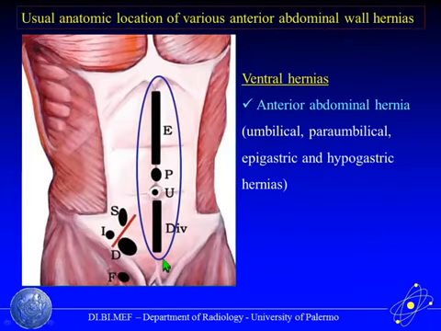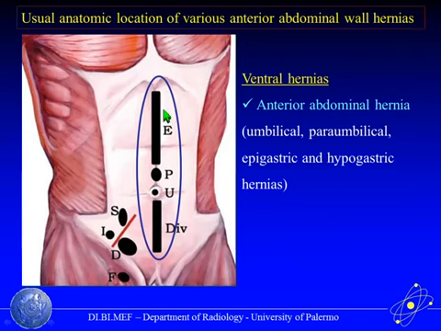So, ventral hernias arise along the linea alba in the anterior part of the abdominal wall. So in this part of the abdominal wall we find the epigastric hernias, paraumbilical hernias, umbilical hernias, and hypogastric hernias.